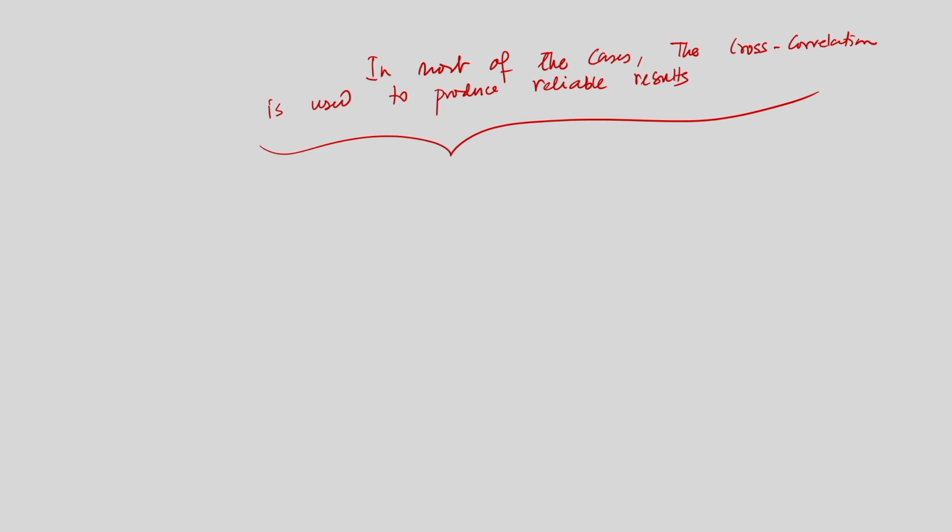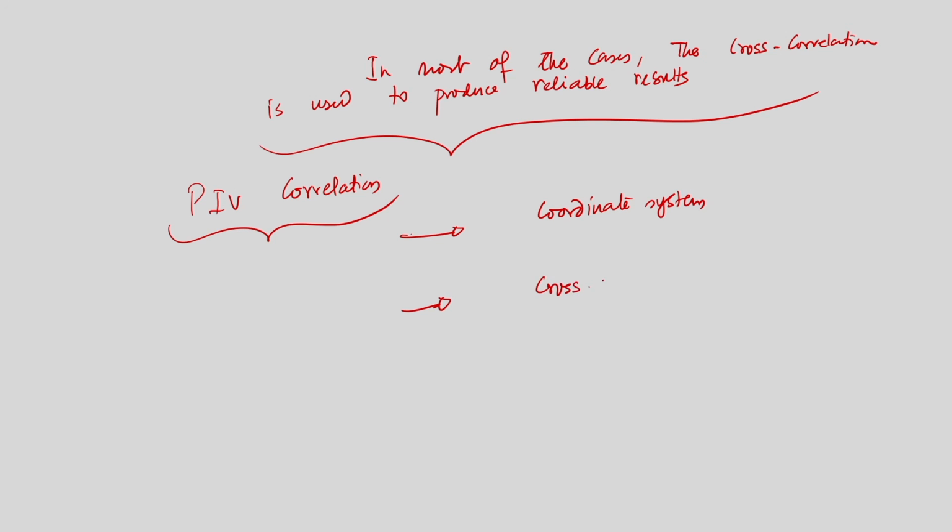Now, to discuss the PIV correlation, first we need to discuss the coordinate system, and then second we need to discuss the cross correlation. So, what is the coordinate system?